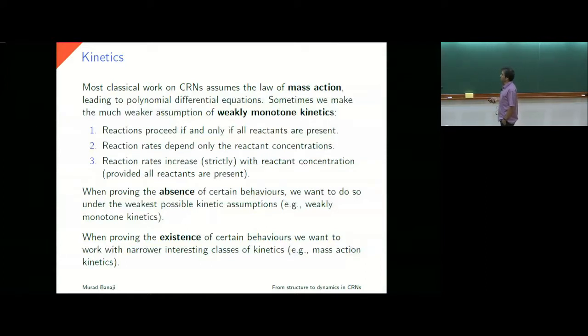And another one is that reaction rates increase strictly if you increase the reactant concentration. So any particular reactant, you increase its concentration, the reaction speeds up, provided you hold everything else constant. Again, mass action, of course, falls into this. It's a special case of weakly monotone kinetics, but this is a much, much larger class of functions than mass action. Okay, so it's a much weaker assumption on the kinetics.